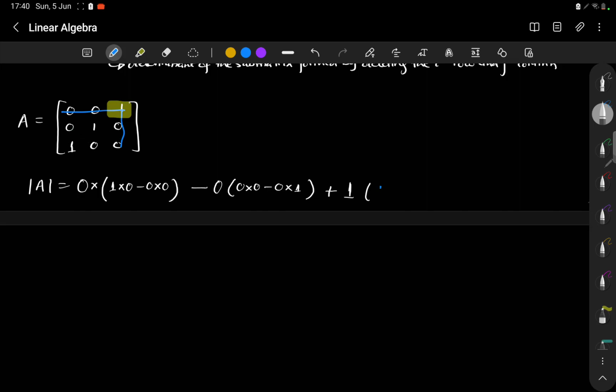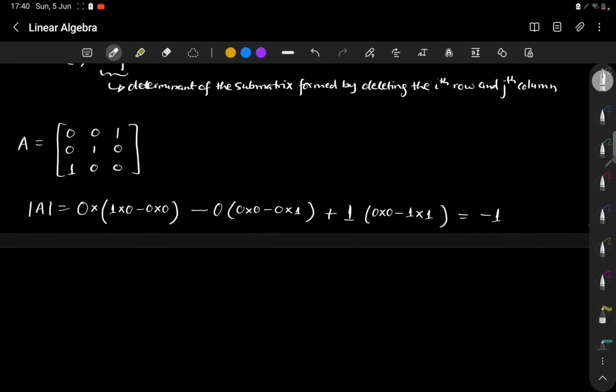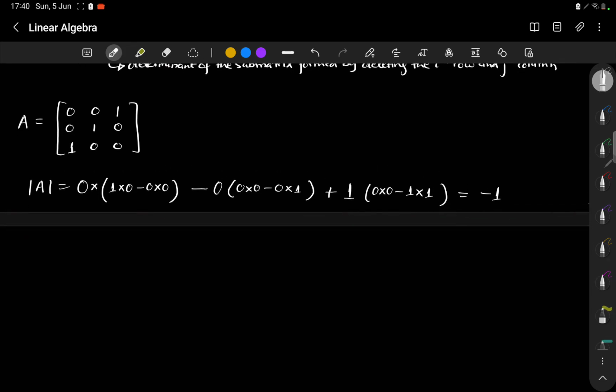So the determinant of this would be as follows. So this gives us the determinant of A to be negative 1, which is clearly not equal to 0. So we can find the inverse of this matrix.